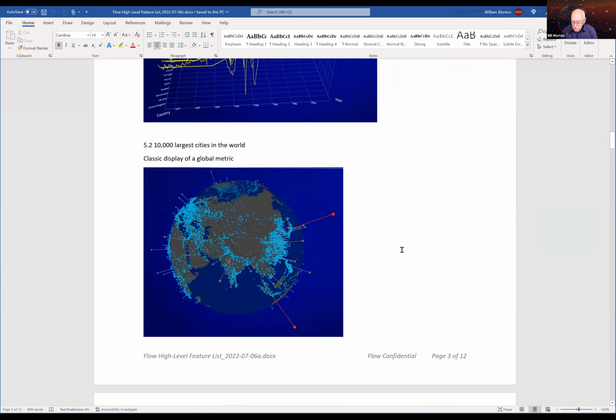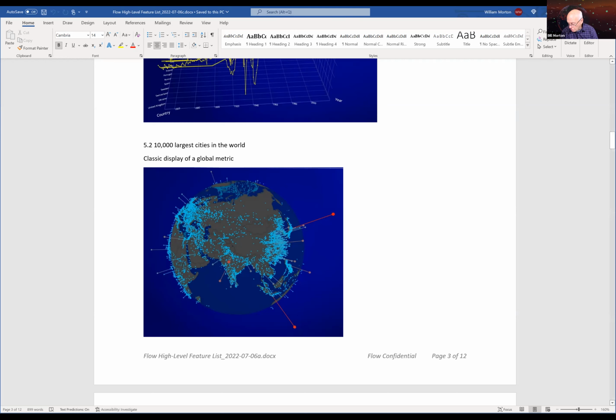The point here is to be able to show a metric on a global basis. This particular metric is the population of the cities. This big red dot here, I think, corresponds to Tokyo, which in this data set is the largest city in the world. Other large cities such as Jakarta, Indonesia, are also prominently displayed here by the size and the offset of the dots.